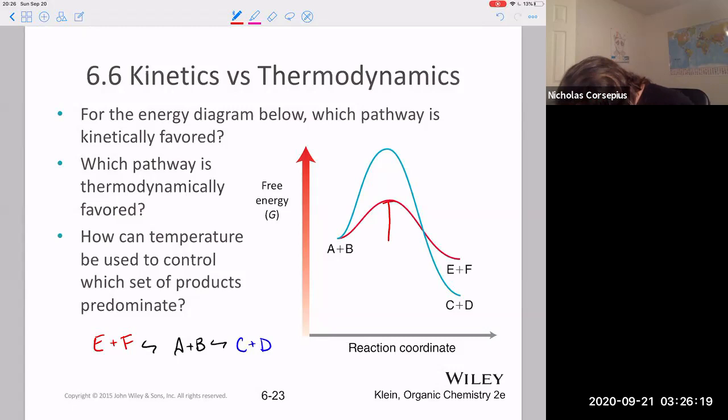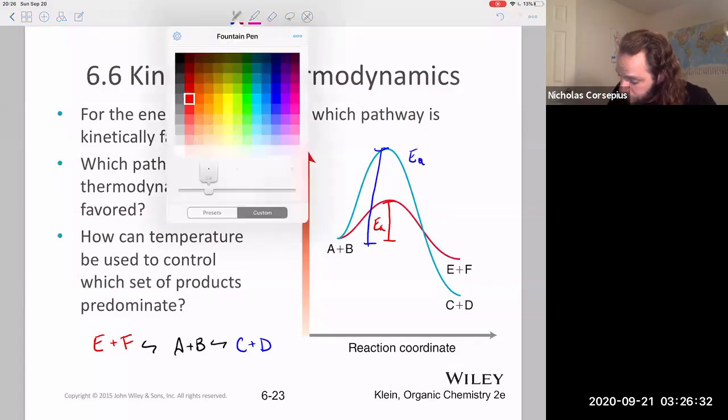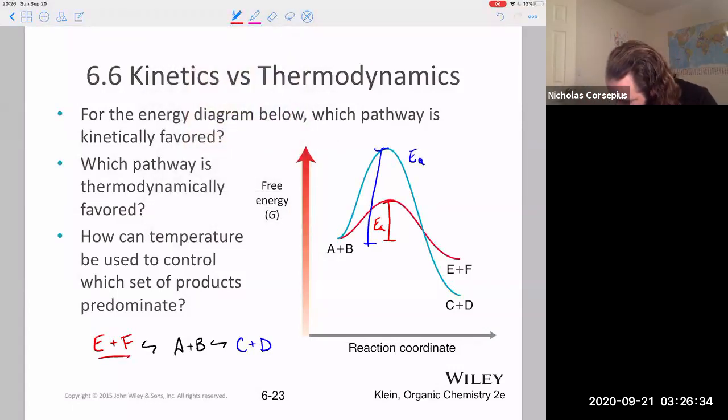If we look at the height of these activation energy barriers, the red reaction, the reaction going towards E and F, is much faster than the blue reaction. It has a smaller activation energy. So in that sense, in the kinetic sense, E and F are more favorable.